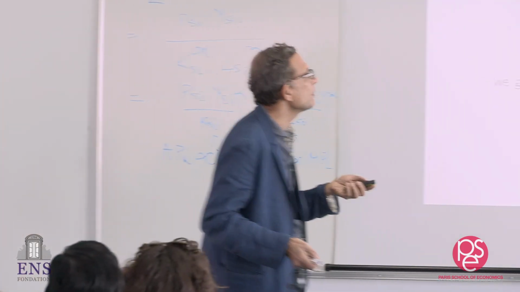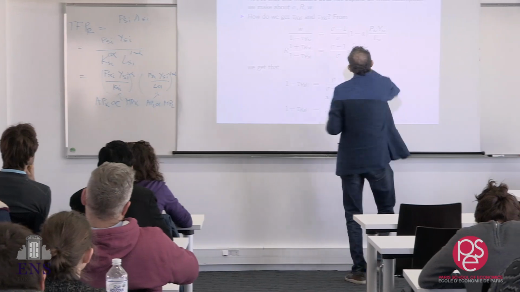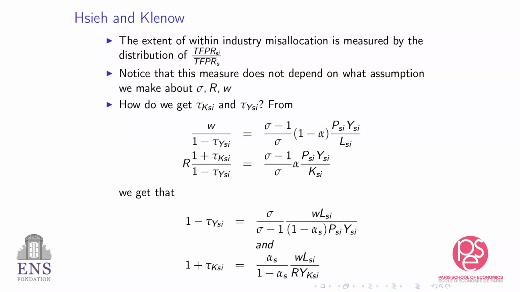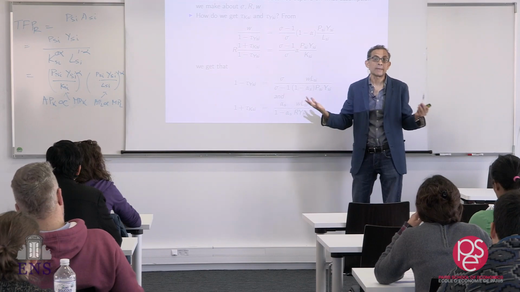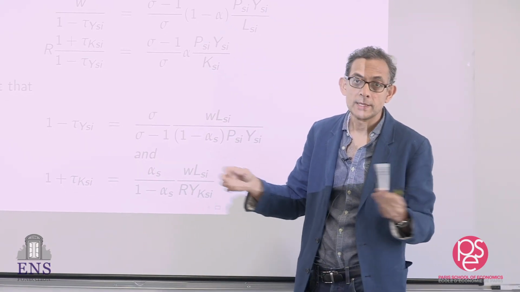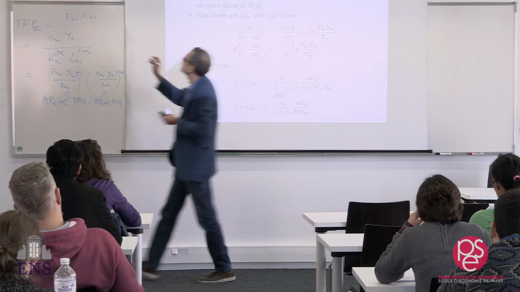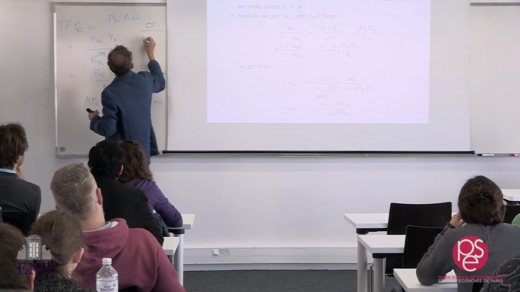It has a very simple interpretation because, remember, this term here comes from the fact that there is a markup. Revenues are x times cost. And what is that x? X is just sigma over sigma minus 1.